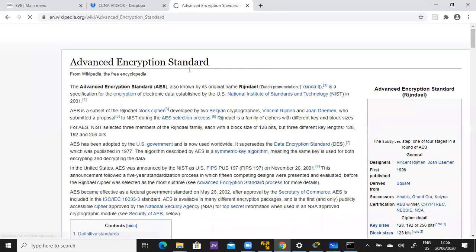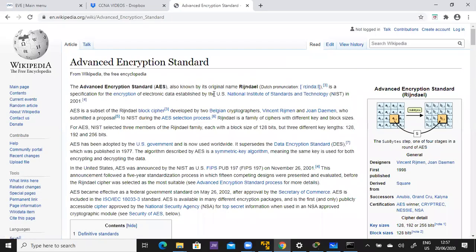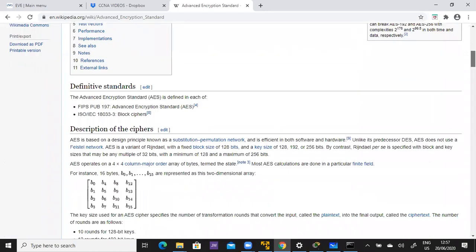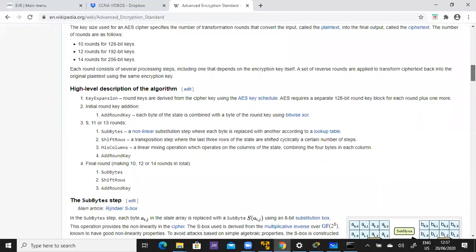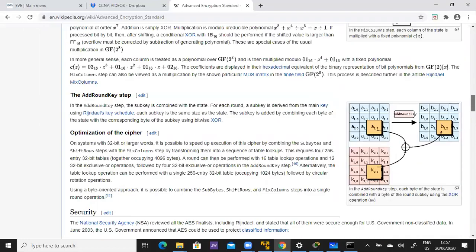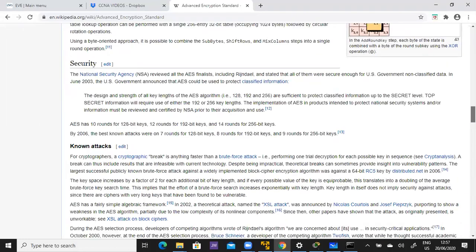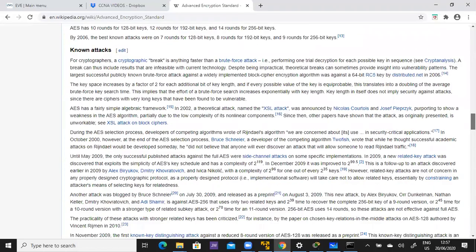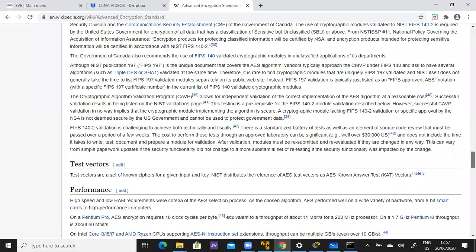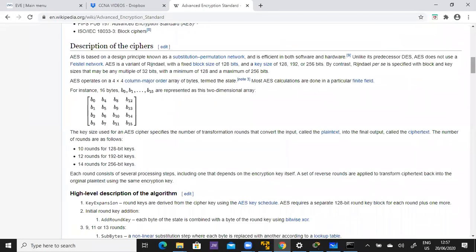So this AES, we have different standards of AES. Let's check. Let me get something lighter.